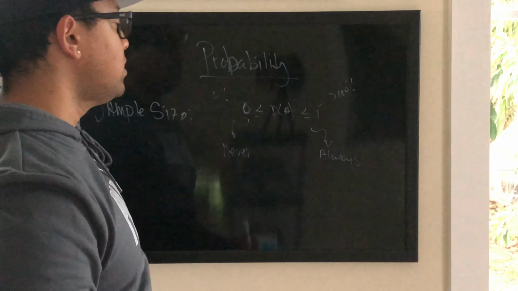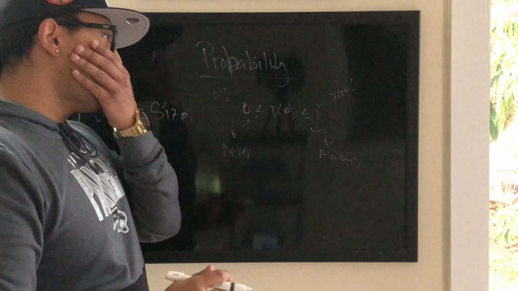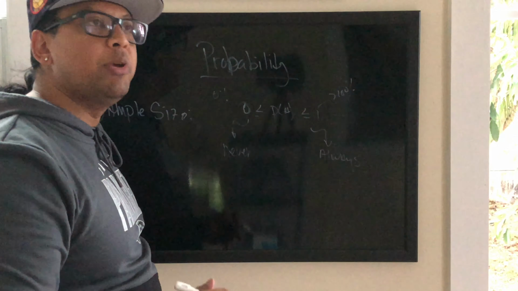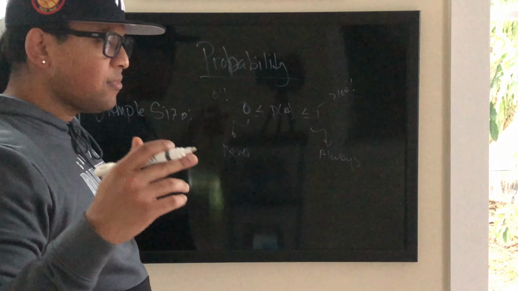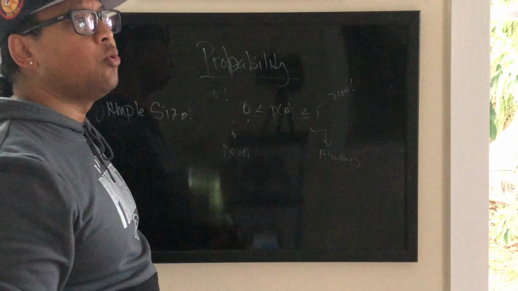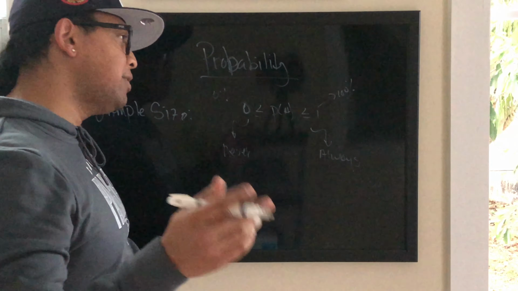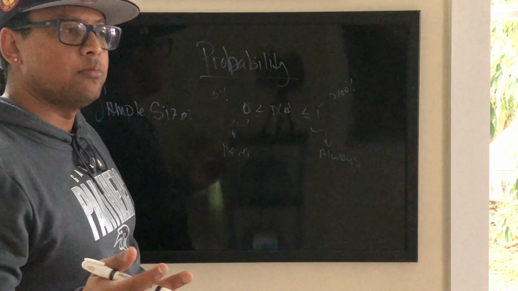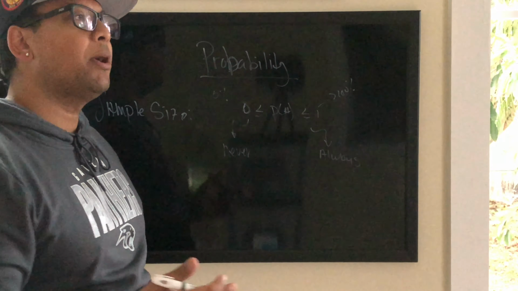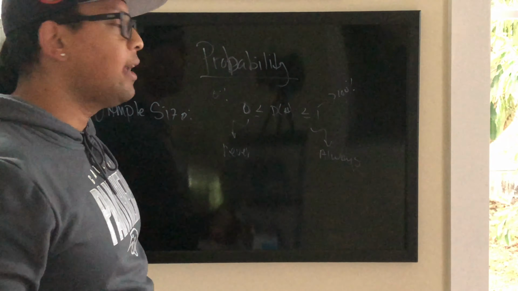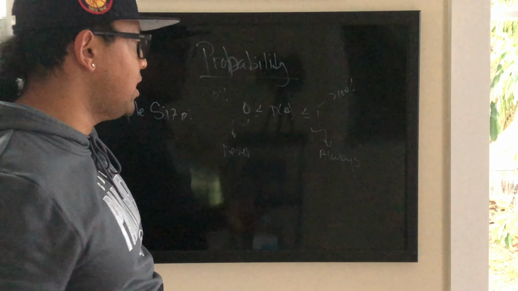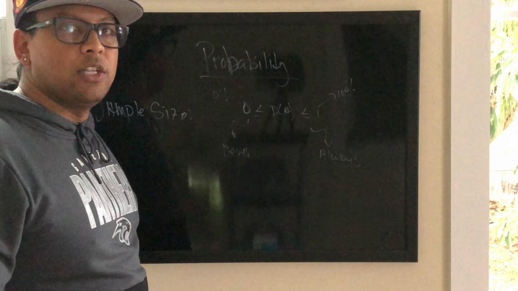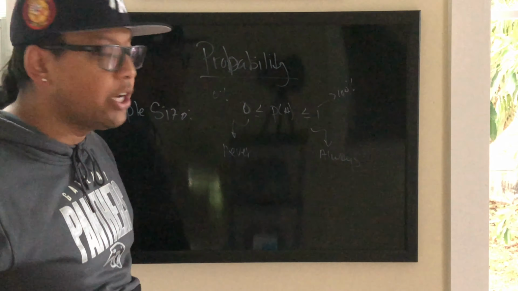Now, let's say I gave you a sample size of 100 people, and let's do the school. Let's say there's 100 kids in school, and I ask how many of those kids wear a Poinciana hoodie. Let's say out of those 100 kids, about 20 are wearing Poinciana hoodies.